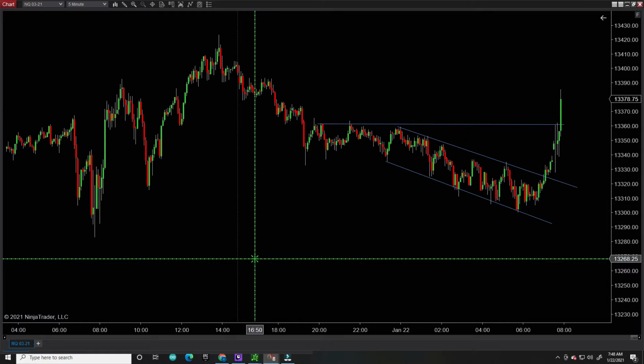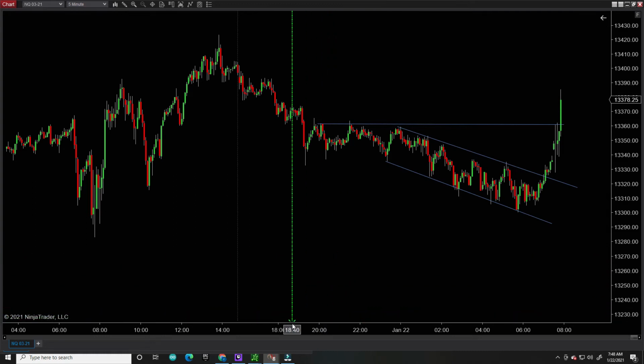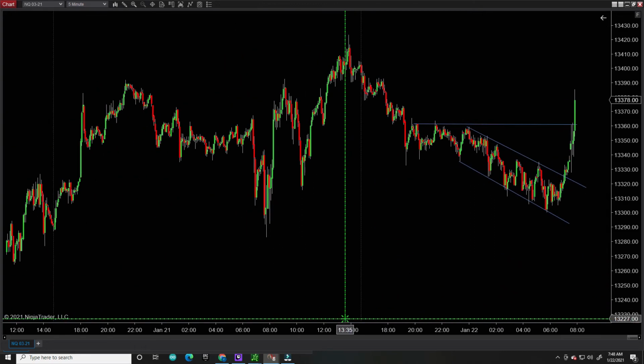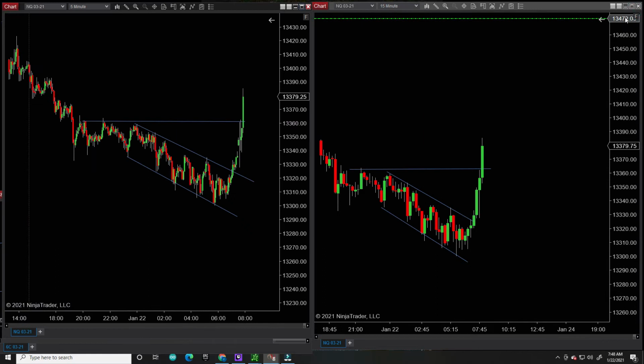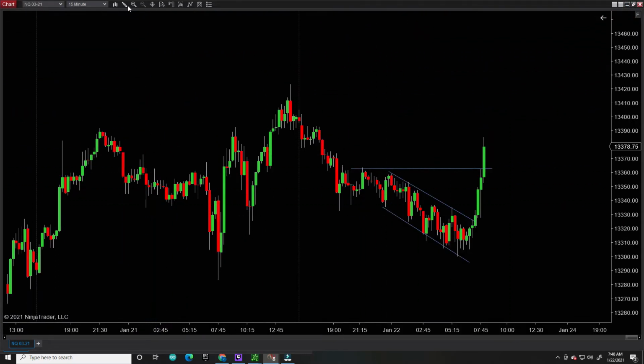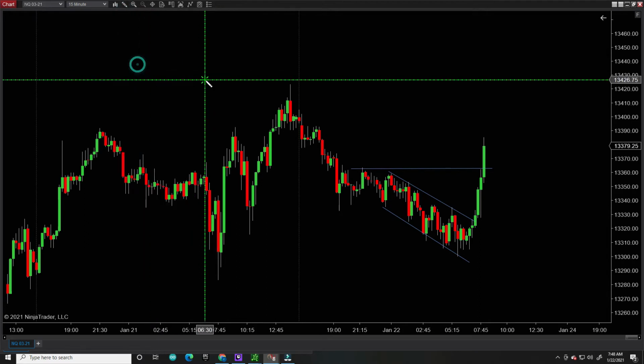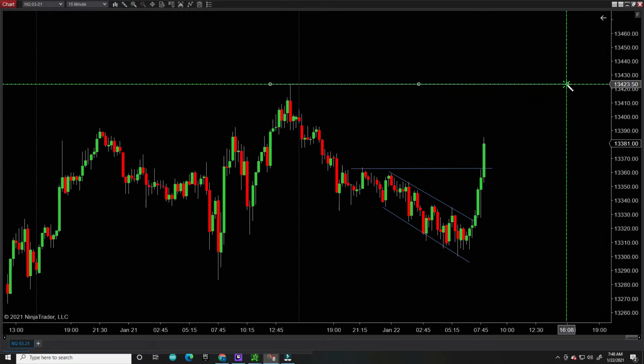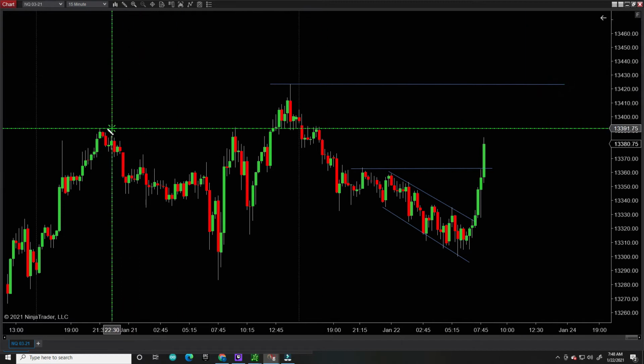I'm sorry. So what I was saying here is I don't want to go long up here at these highs. We're too far up here for me to get in long. That doesn't mean that price can't come up here and test these areas and even break out of them.